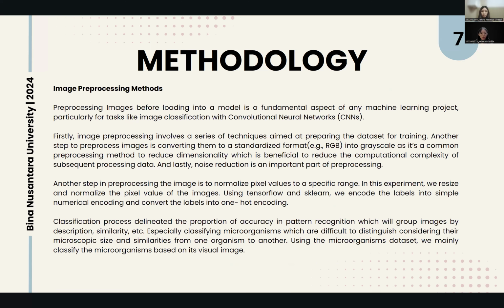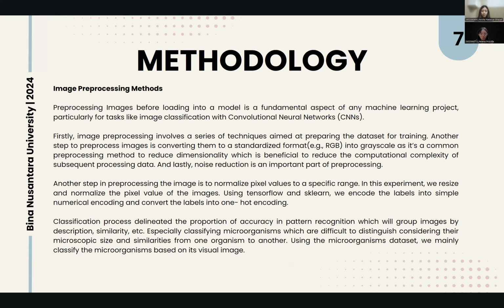Next, I'm going to explain briefly the image preprocessing method. The reason why we do image preprocessing is that preprocessing images before loading them into a model is a fundamental aspect of any machine learning project, particularly for tasks like image classification with convolutional neural networks.